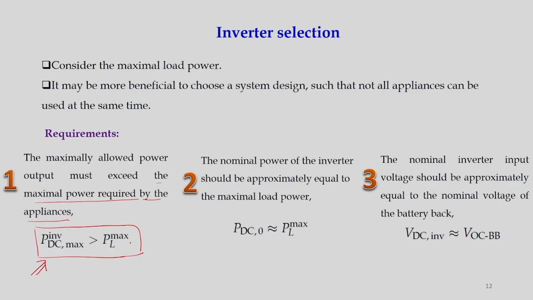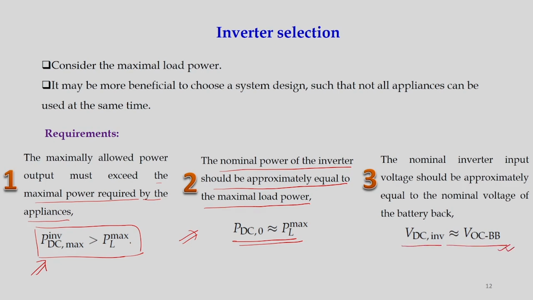This is one requirement. The second requirement is that the nominal power of the inverter should be approximately equal to the maximal load power. The third requirement is that the nominal inverter input voltage should be approximately equal to the nominal voltage of the battery bank. This V_DC of the inverter has to be equal to V_OC of the battery bank.